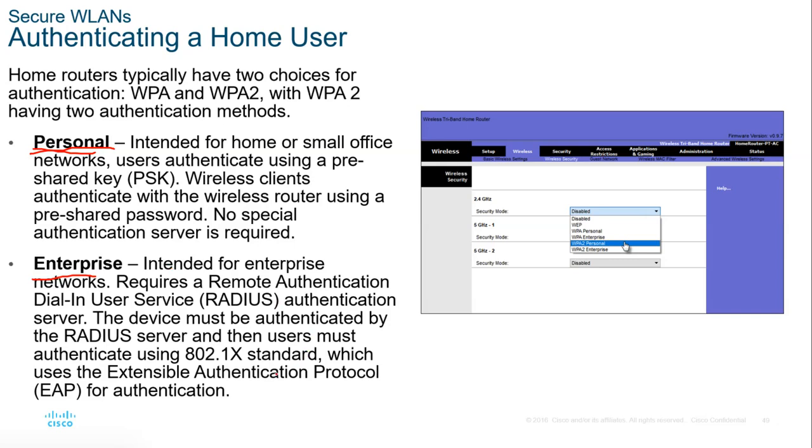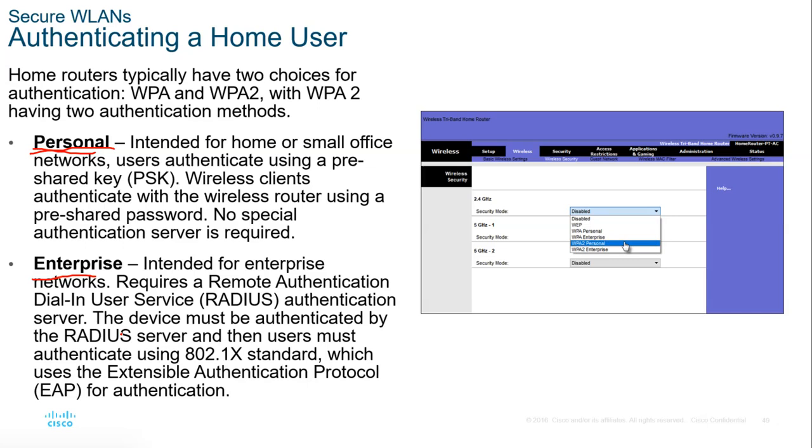That's the difference. Personal is intended for home and small office, where the device you're using is where the passwords are going to be created. But for enterprise, they can be created on a server somewhere.